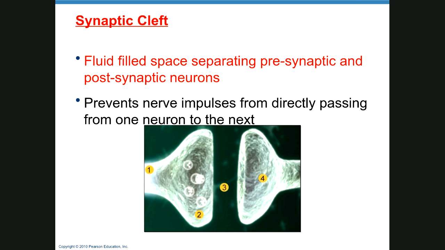So we have here the axon terminal of the presynaptic neuron. This is the dendrite of the postsynaptic neuron. So these are the vesicles with the neurotransmitter, which will be released into the synaptic space, and the receptors for the neurotransmitter are going to be found on the postsynaptic neuron.